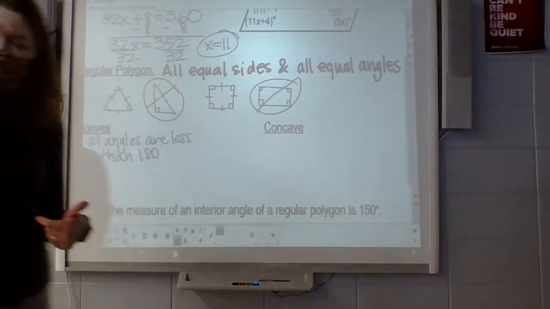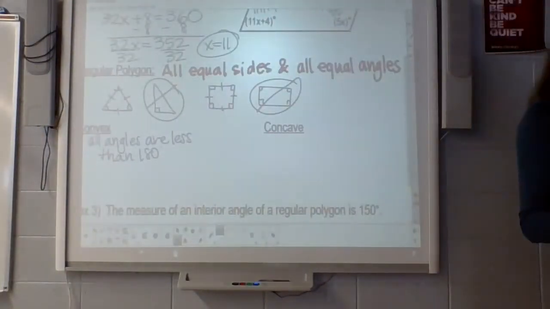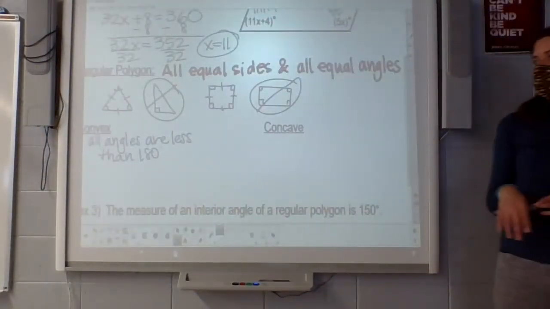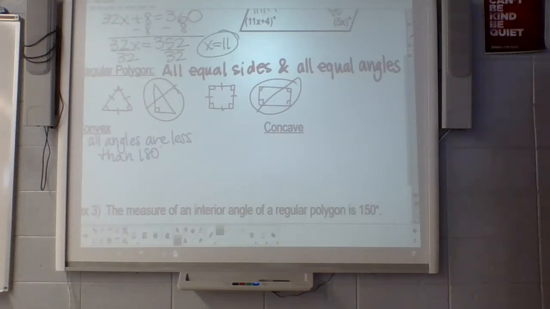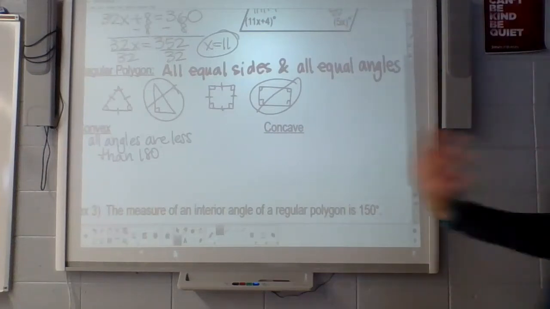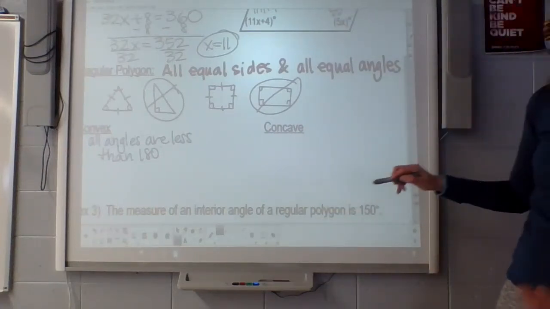A concave one looks like they took a side and kicked it in. If I went by the elementary school and asked, is this a quadrilateral, or is this a pentagon, they might not think so.